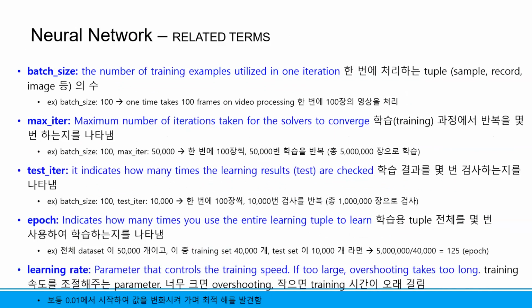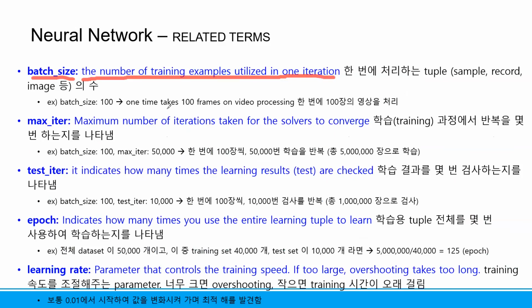Yeah, I use some Korean words from Professor Sok. I think it is good if I use this terminology for you, if the English explanation is a bit difficult for you. The batch size. The batch size means the number of training samples utilized in one iteration.